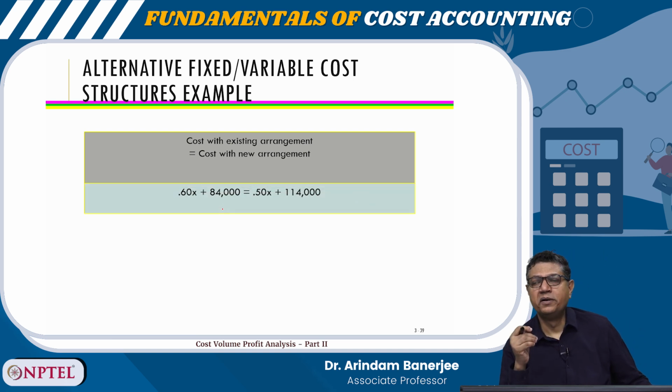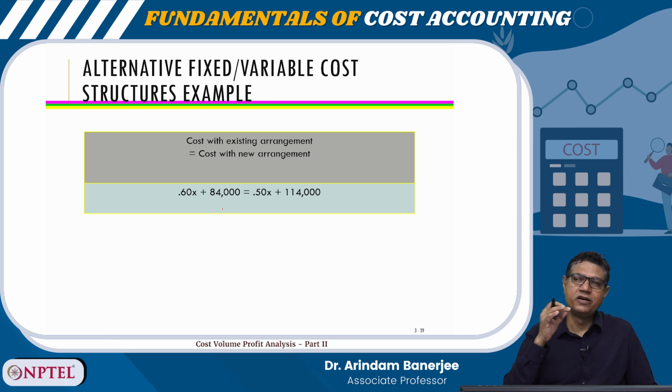Now, if the production increases, we discussed earlier that when the production increases, the fixed cost per unit falls, right, that is called economies of scale. So, if the total fixed cost is on the higher side and your production is high, then the per unit fixed cost comes down.